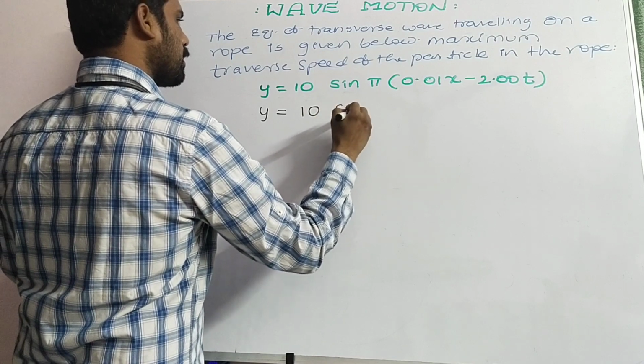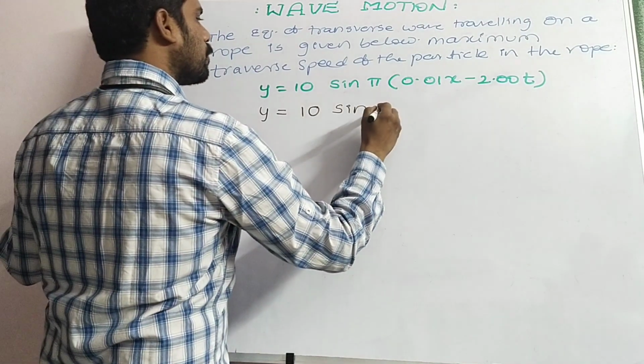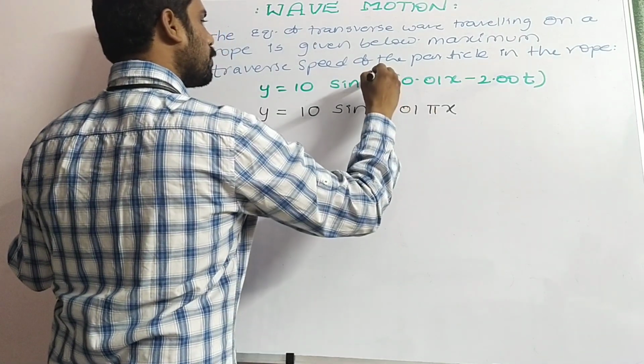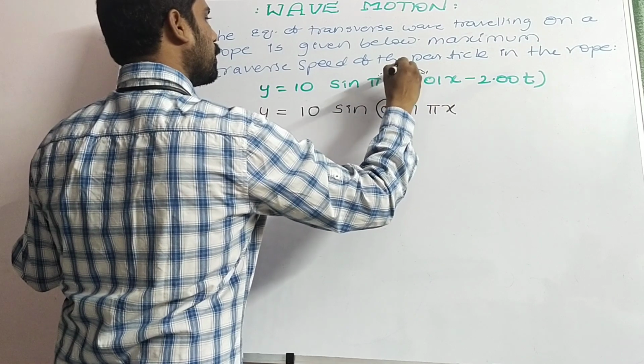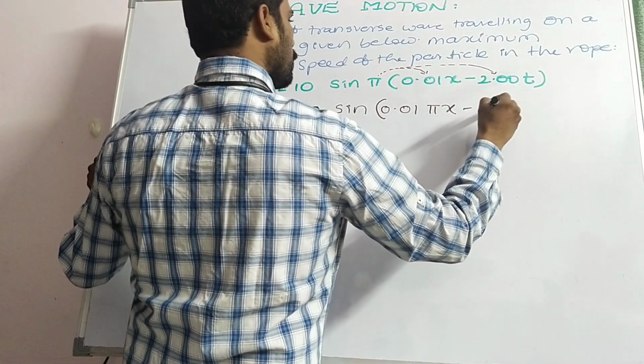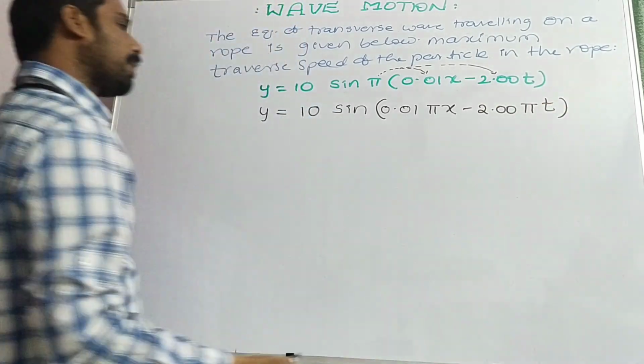That can be written as y is equal to 10 sin (0.01 pi x, so the pi is taken into this expression, minus 2.00 pi t).